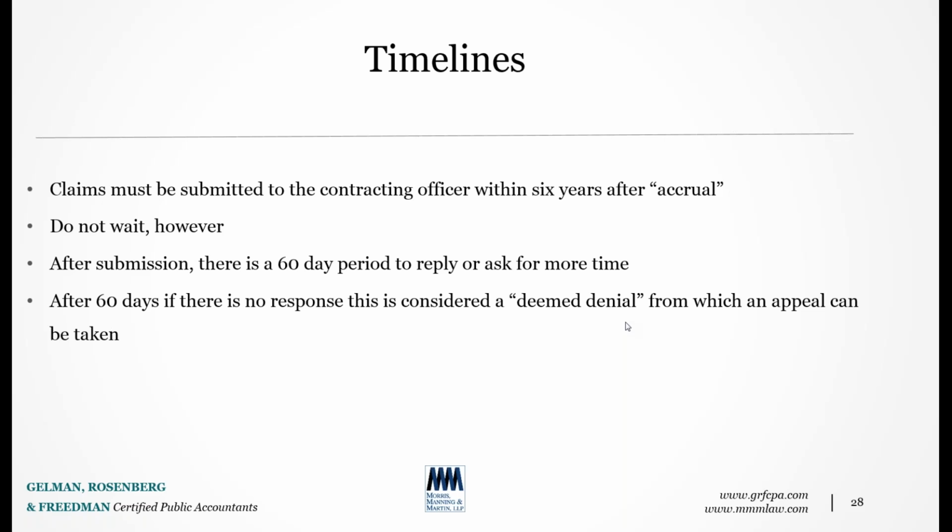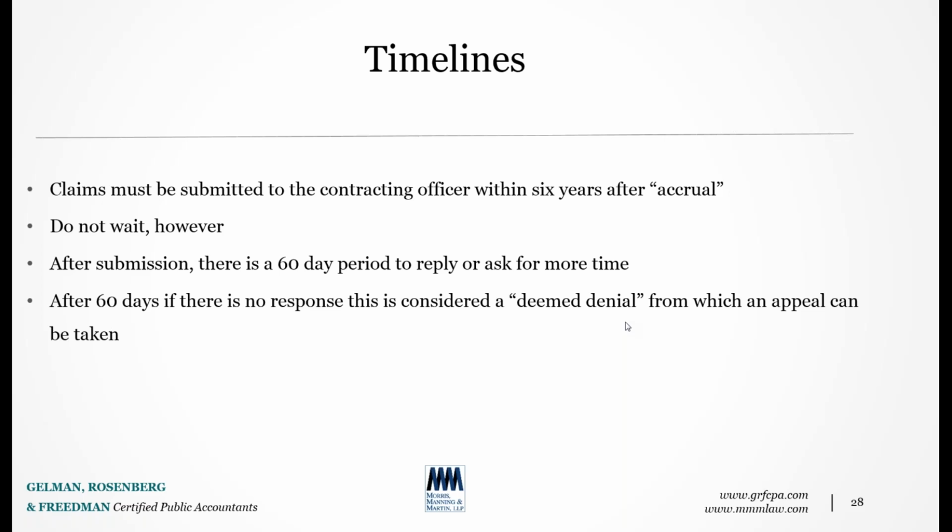As you can guess, that's kind of an objective test, so it could get really messy. So my recommendation would be, in most cases, to file your claim as early as possible. You shouldn't wait on, for example, assurances from the contracting officer that they might work something out, or maybe next year we can change something. Kicking the can down the road is not the answer. So you want to act on filing your claim as soon as you have a general idea that this is a problem.